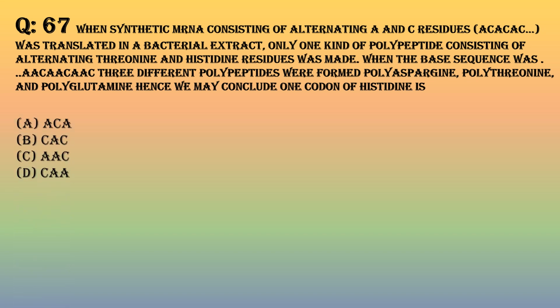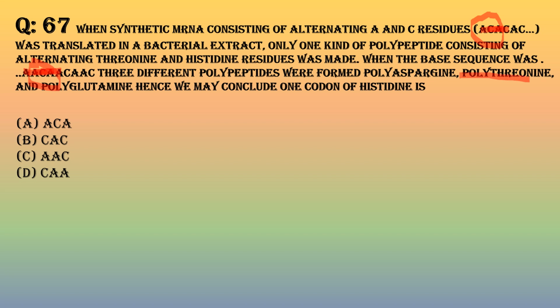See here, you can see two possibilities: ACA and CAC. And here you can see three possibilities: AAC, ACA, and CAA. So in these two, you can see ACA in common. So this ACA can be threonine.